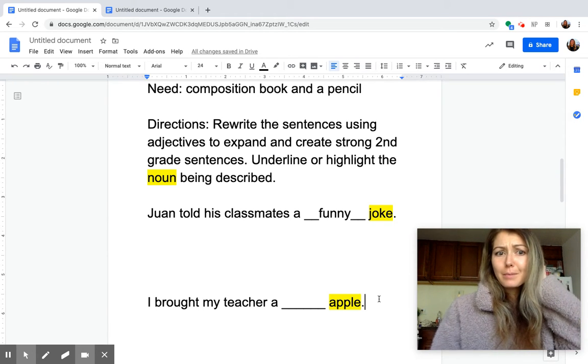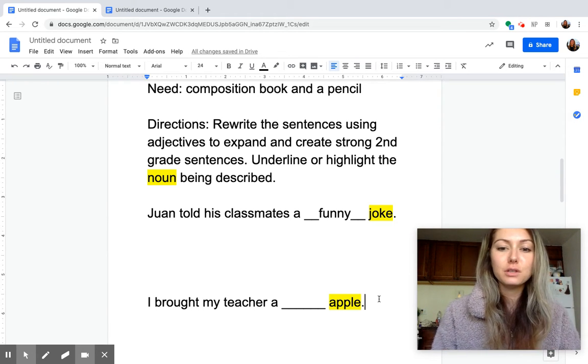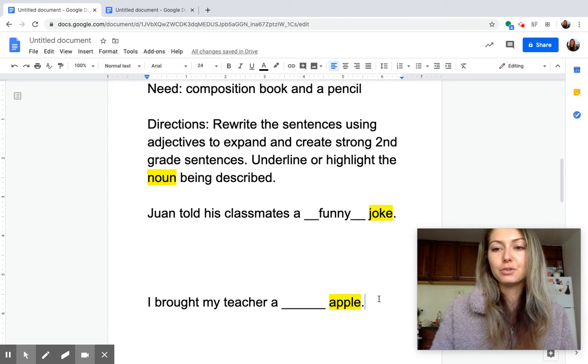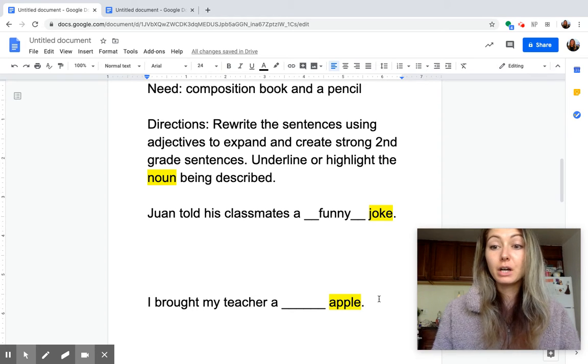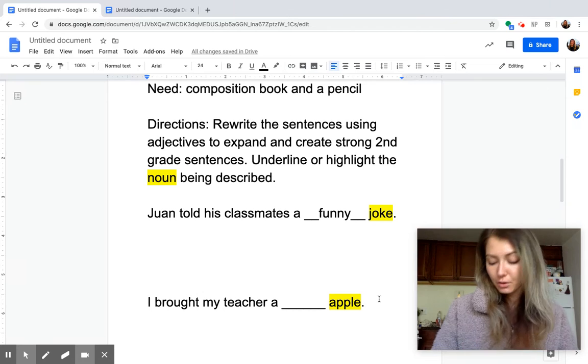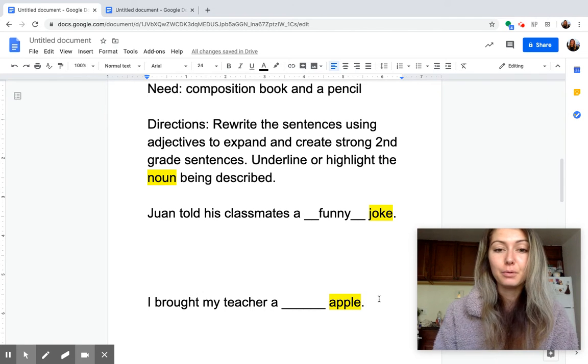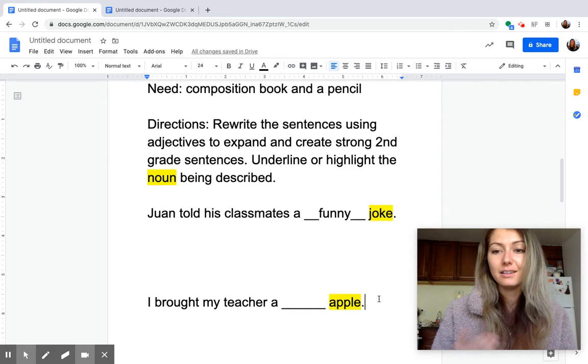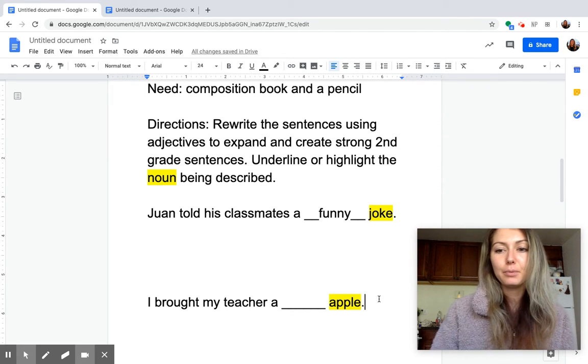Now, let's think about an adjective that can be used to describe the noun apple. What are apples usually? Well, remember colors can be adjectives. So maybe it's a red apple or a green apple or a pink apple. We can also talk about the taste of the apple, a delicious apple, a tasty apple.